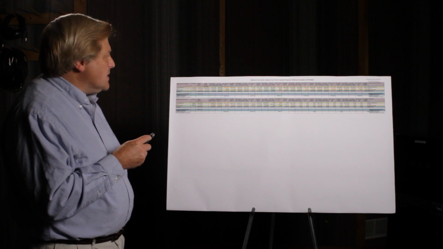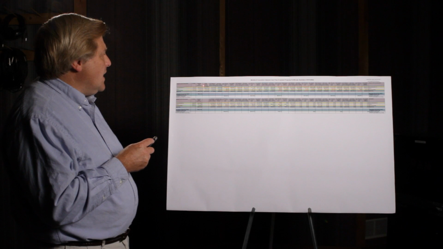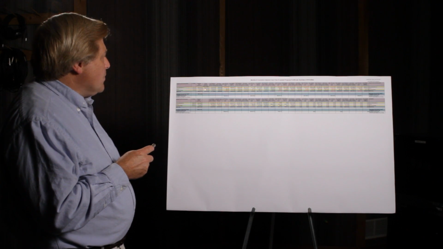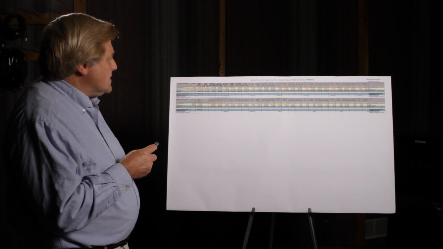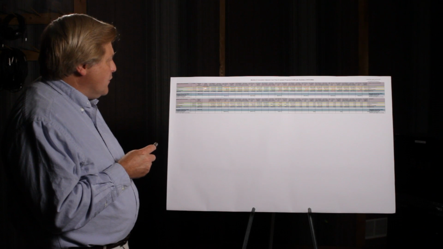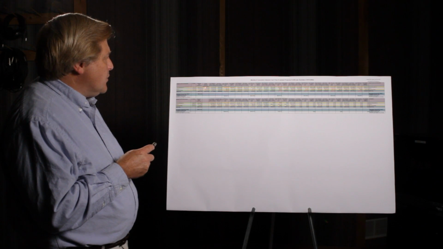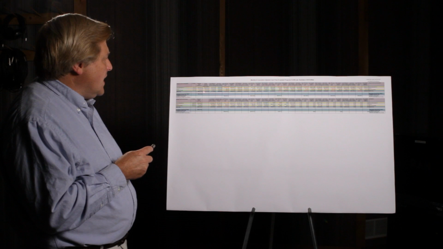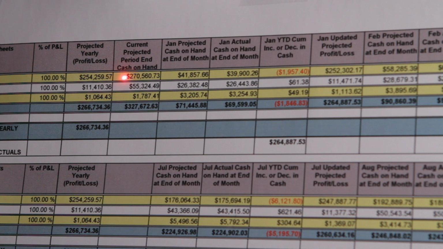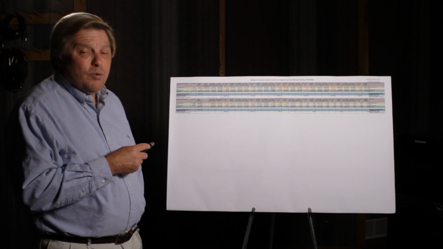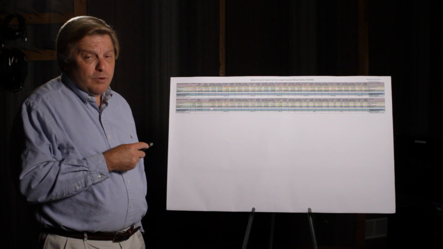Now the next column is the current projected period ending cash on hand. This represents the period ending being the end of the year. If you were January 1st through December 31st, that's how much cash on hand he was expecting the budgets to have at the end of the year. In this case, he's got $327,672.63. Many of you with your budgets may be short when you first put them in.